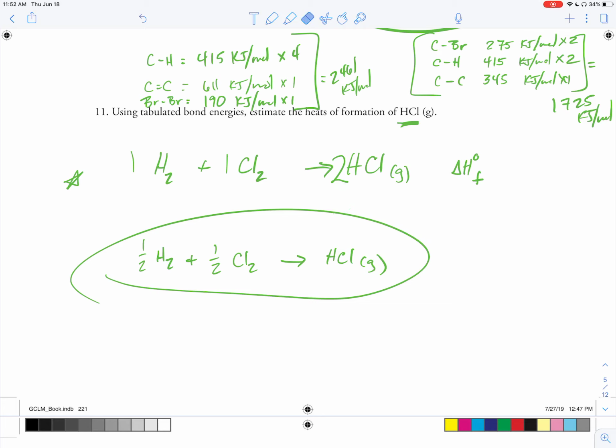You could, because that takes care of everything that's there. Or we could just use the proper way to do that. Whatever bond energy you had here, you would just multiply by 1/2 when you sum everything up.